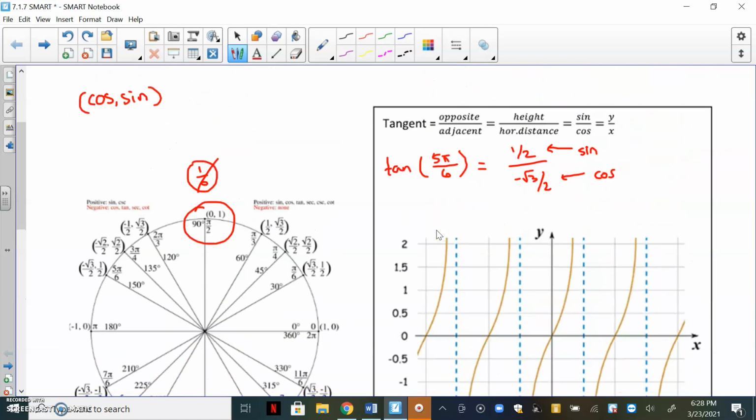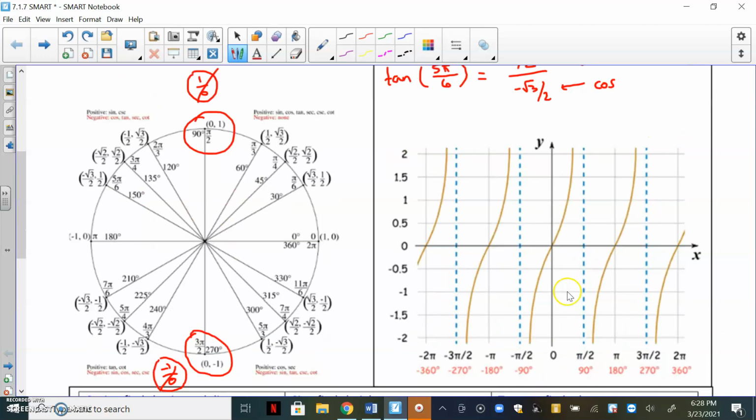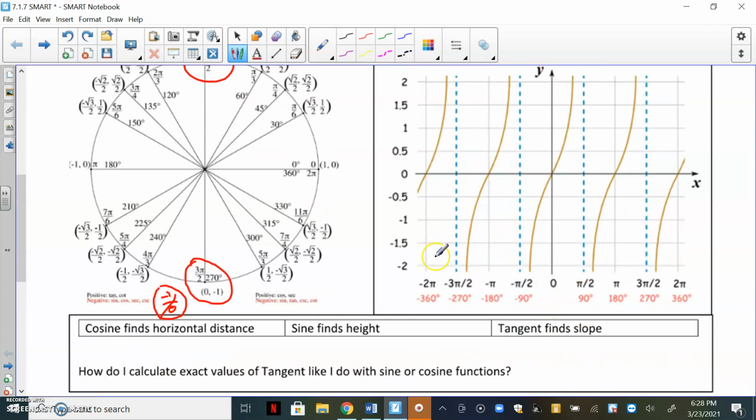Tangent is doing some rise over run action. So by taking the tangent at some angle, we're finding the slope of the line at that angle. If I found the tangent of 30 degrees, that would give me the slope of this line, whereas sine and cosine give me horizontal and vertical distances.